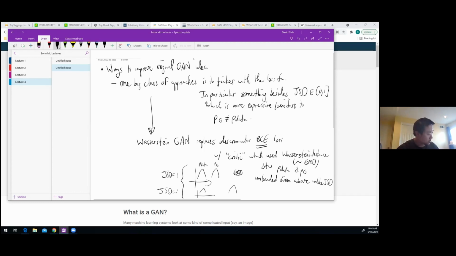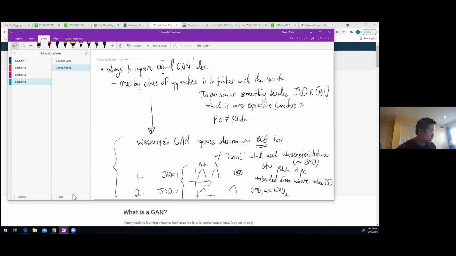Let's say this is scenario 1 and this is scenario 2. The Wasserstein distance for the first case would be much, much less than for the second case. So this Earth mover's distance is sensitive to how far I have to go, so it has units, I guess. It's sensitive to how far I have to go to get from here to here.